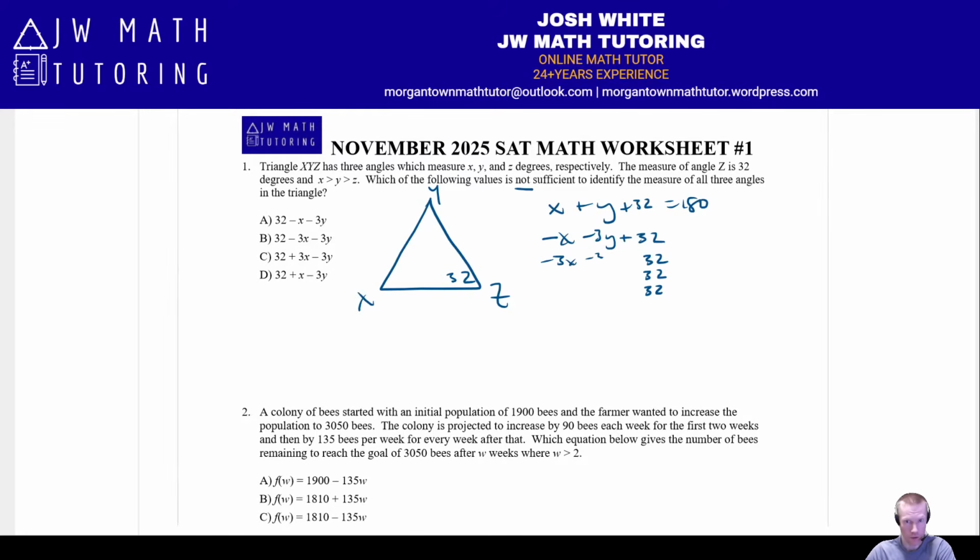So I'm just going to switch the terms. Then for answer choice C, we've got 3x minus 3y. And for answer choice C, we've got x minus 3y. Plus, plus. And then these would just be equal to some number. I'm just going to call it C for right now, some constant.